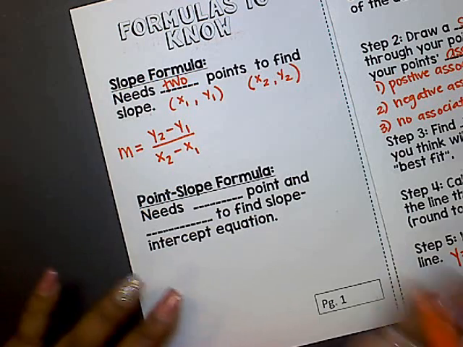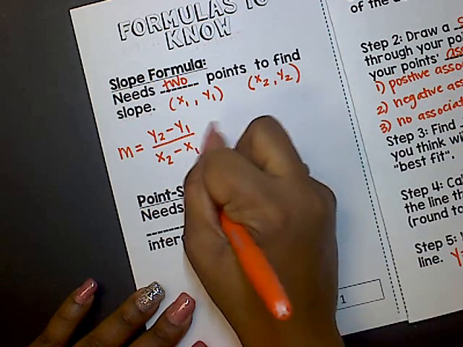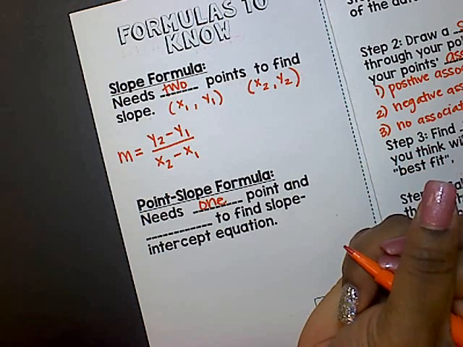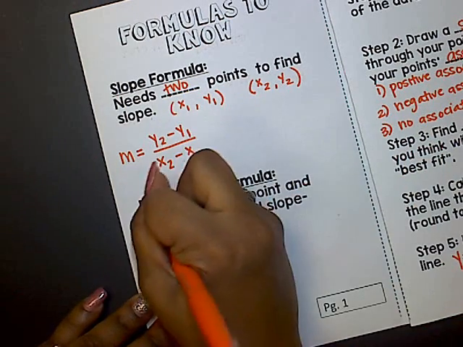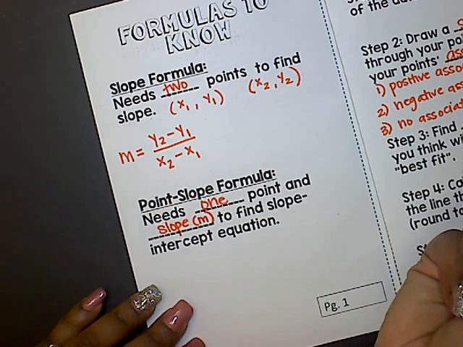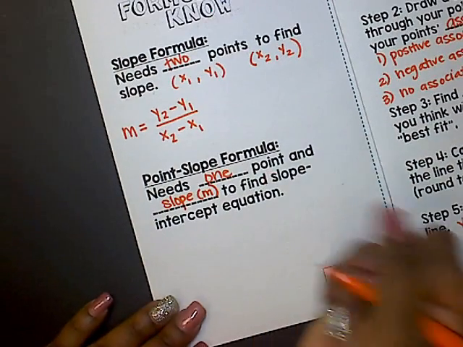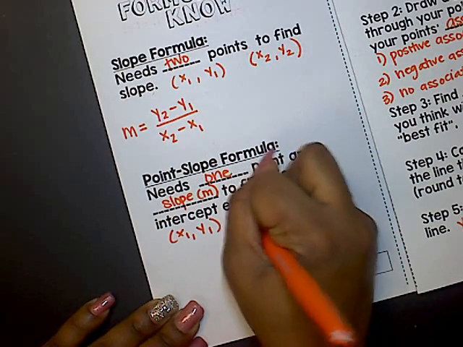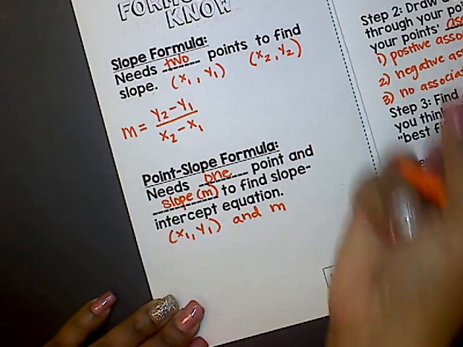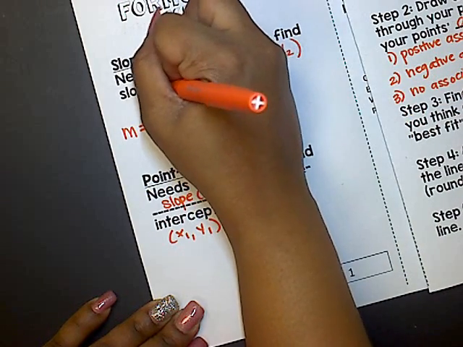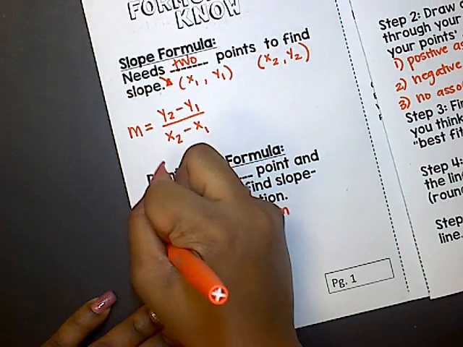For your point slope, you need 1 point and the slope. So you need 1 point and your slope to find the slope intercept equation. So you need x1, y1, and m. So remember, these are what you need.